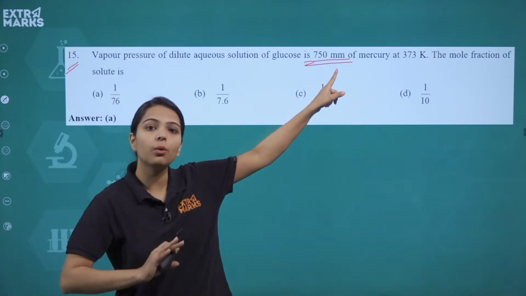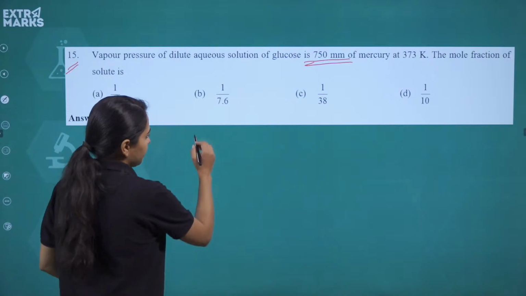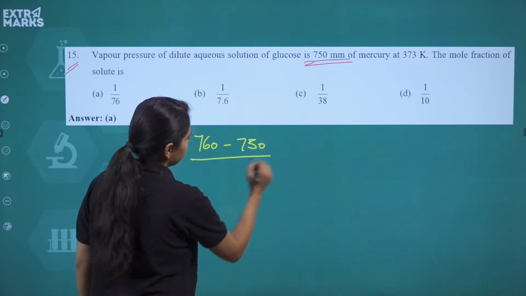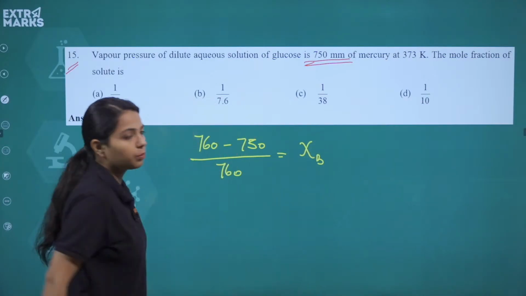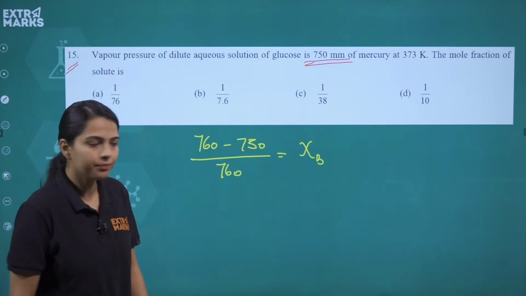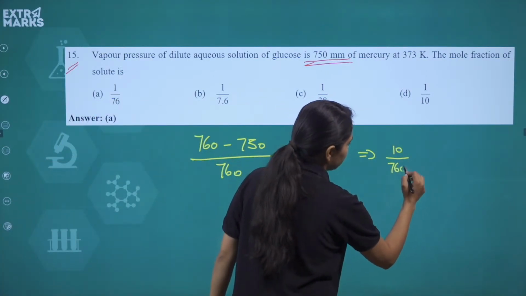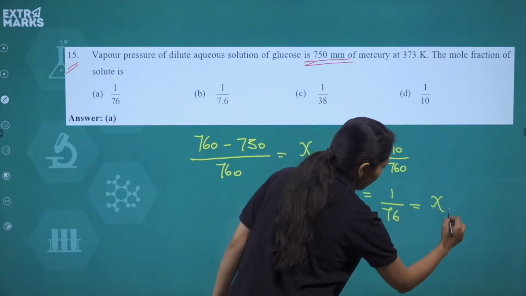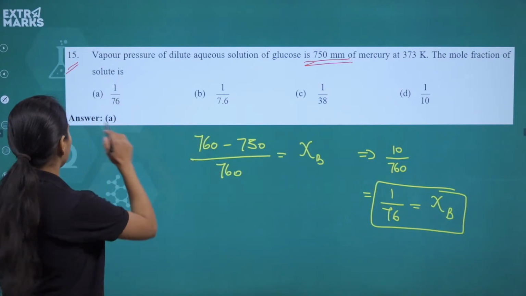So what is the lowered pressure here? 760 minus 750, and initial was 760 only. So this is actually equal to the mole fraction of solute. This is the lowering of vapor pressure. Now this is equal to 10 upon 760, or I can simply write over here 1 upon 76, which is the mole fraction of the solute. So the answer over here is going to be option A.